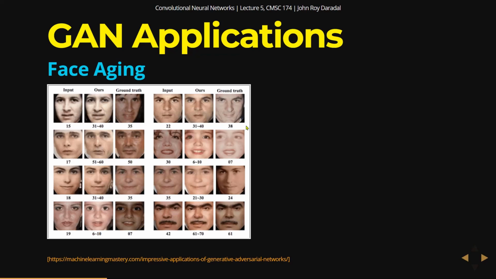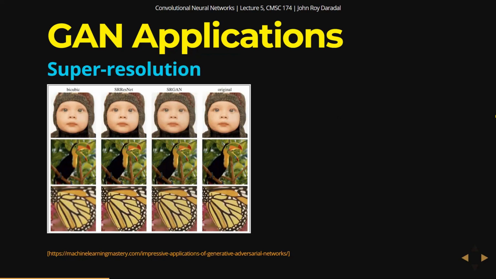And then there's also super resolution, where you're given a low resolution image and you try to create a higher resolution image, like 1080p or 4K, that looks exactly the same, but you started with a low res image, let's say 144p, and then create a much bigger resolution. So you're upscaling the image. That's also another application of a GAN.